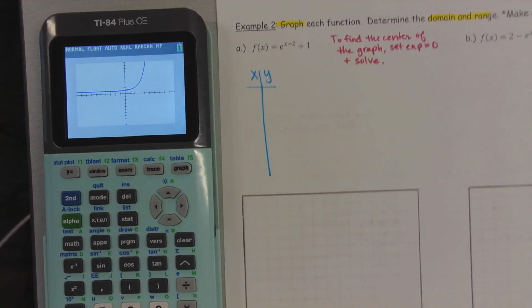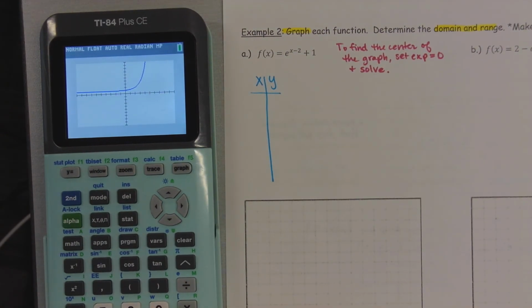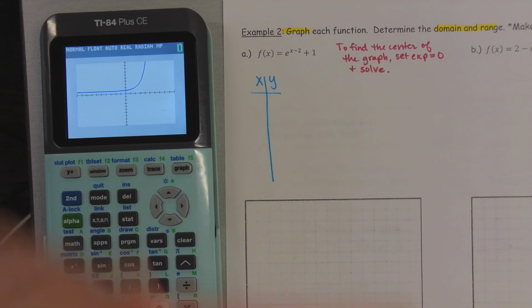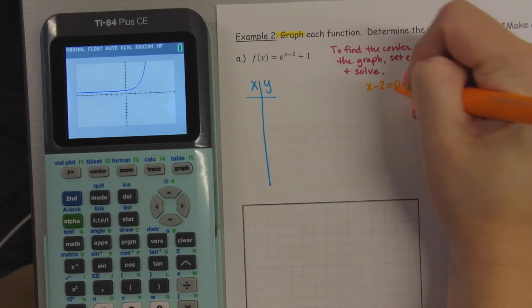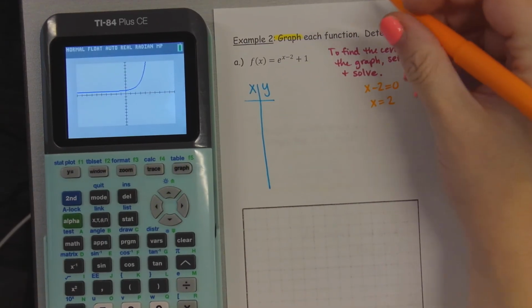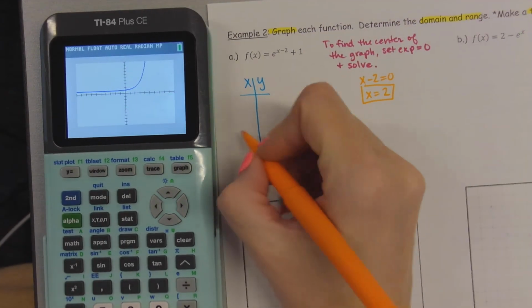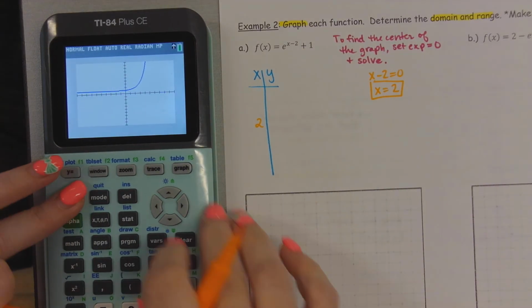Okay, so this can help you with how to set up your table. What are some good values to use? So if you look at your exponent on e, we have x minus 2 as our exponent. So if we set that equal to 0, x would be equal to 2, and then we can put that in the center of our table.